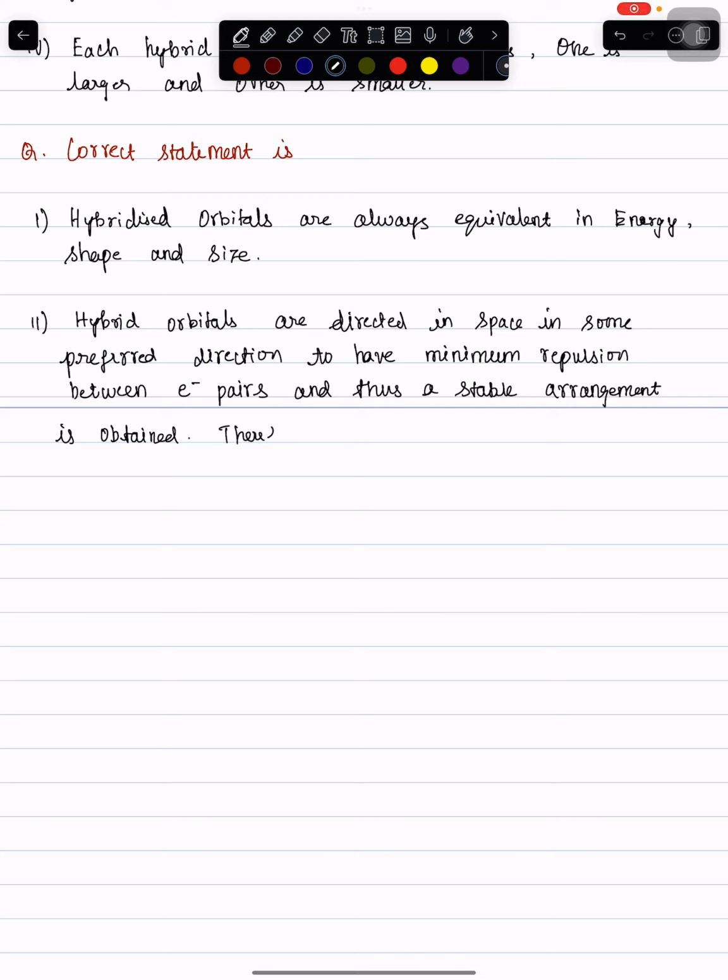Therefore, the type of hybridization indicates the geometry of the molecule.